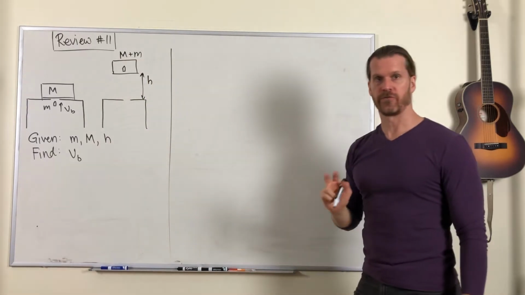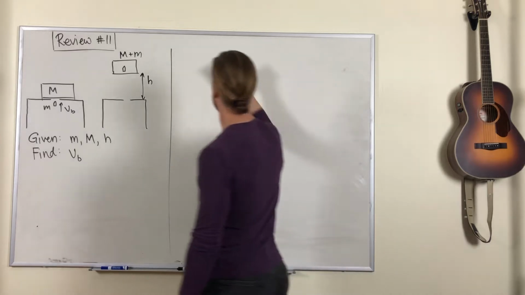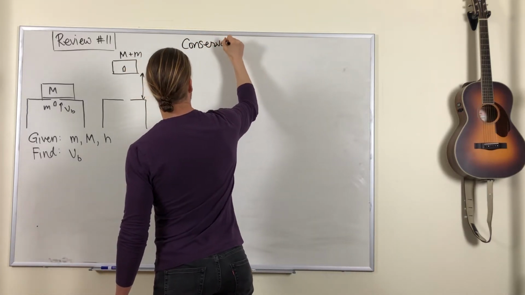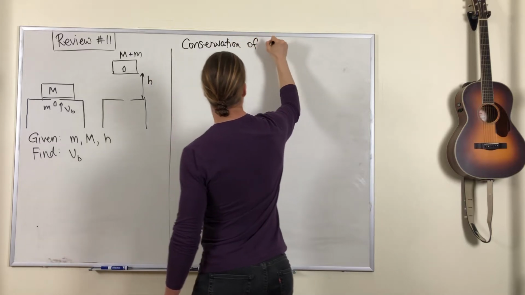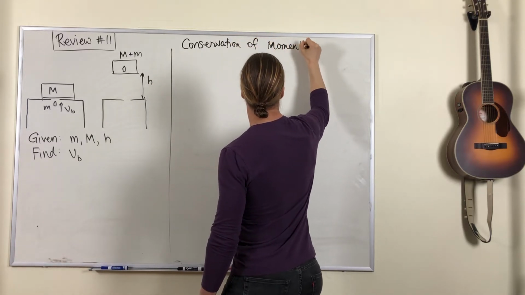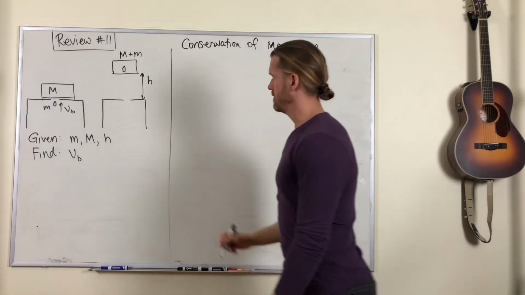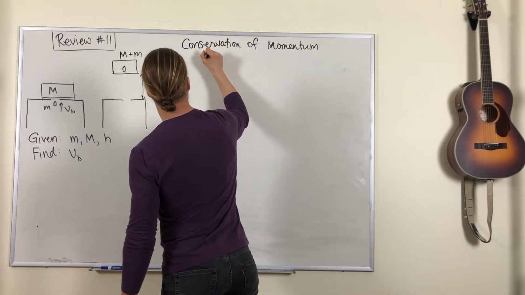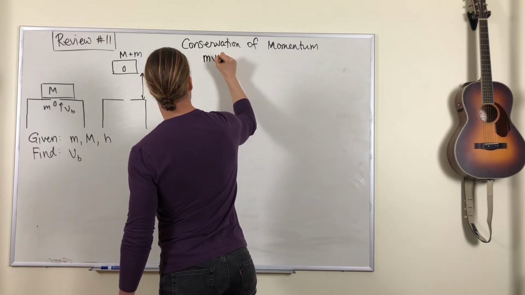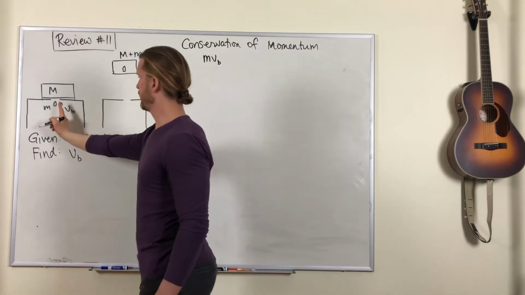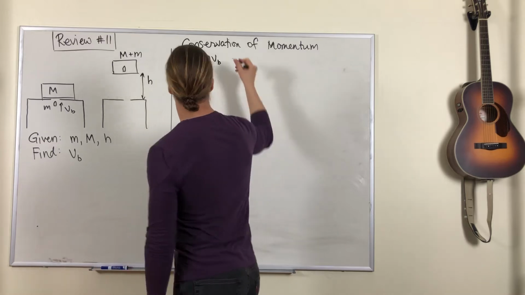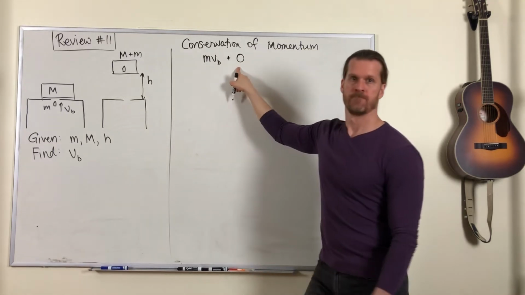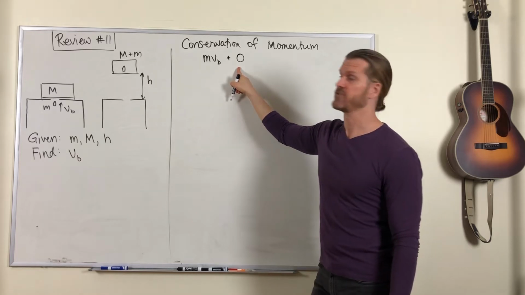Okay, so let's do those two steps. I'll start with conservation of momentum. We have the bullet's initial momentum, and we have the block's initial momentum, which is 0 because it's stationary.